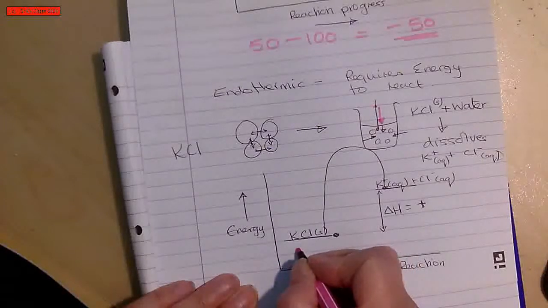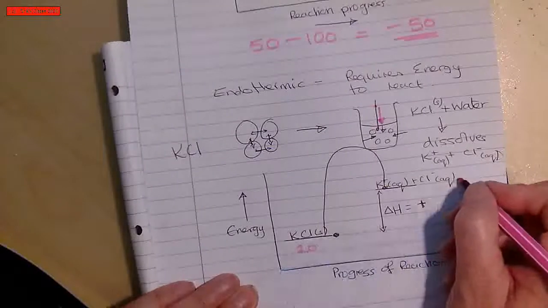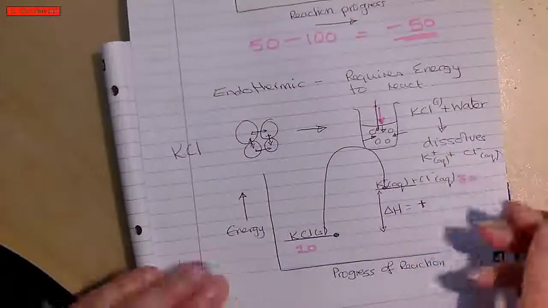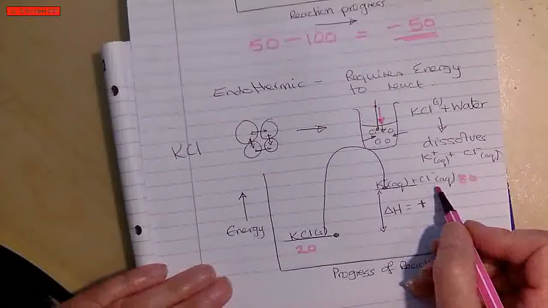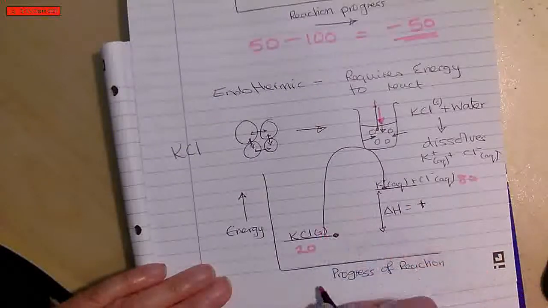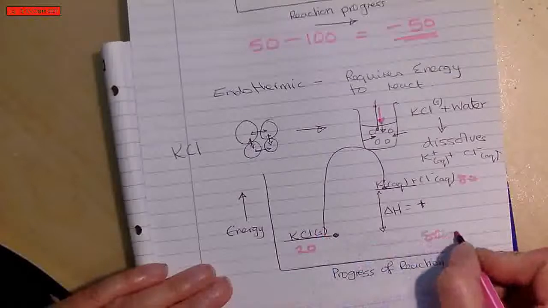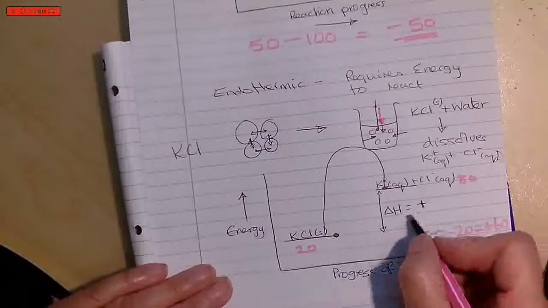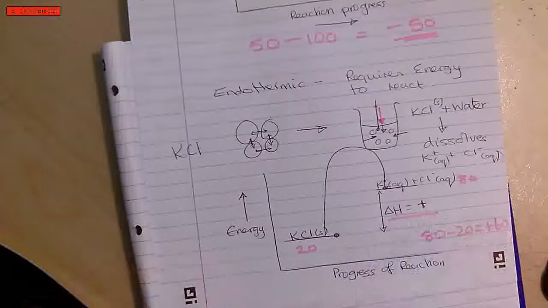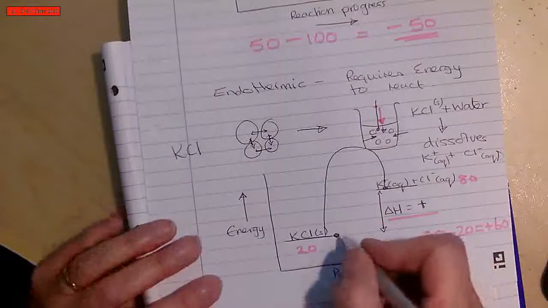Okay, so if this had a value of, say, 20 and this had a value of 80 for energy, it's the energy of the products take away the energy of the reactants, so 80 take away 20 is plus 60, so that's why this enthalpy change is positive.